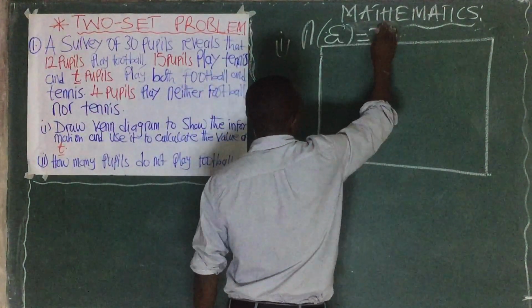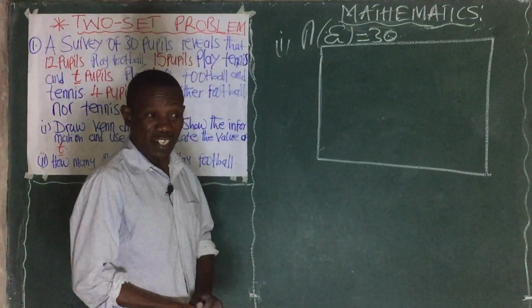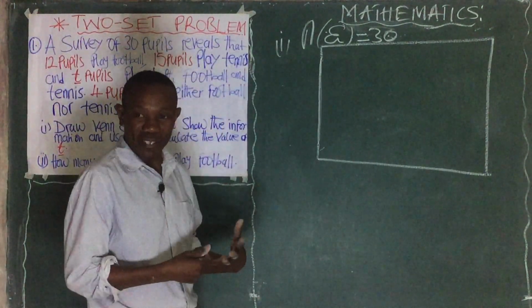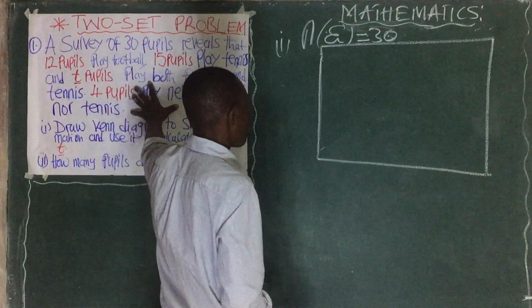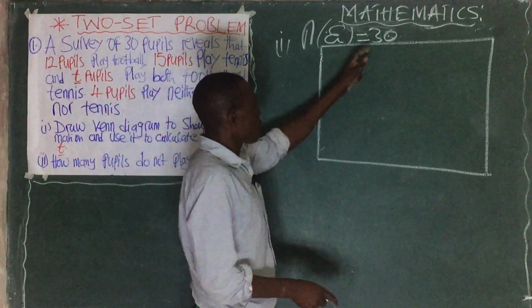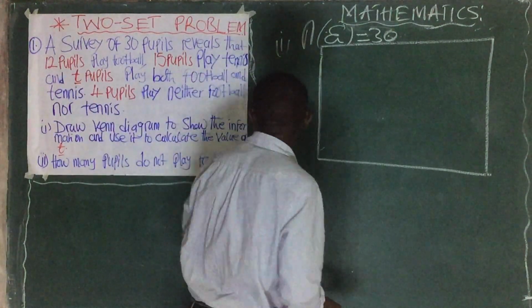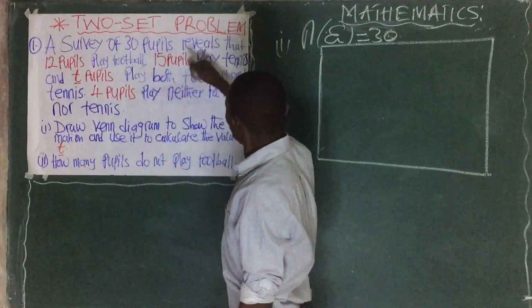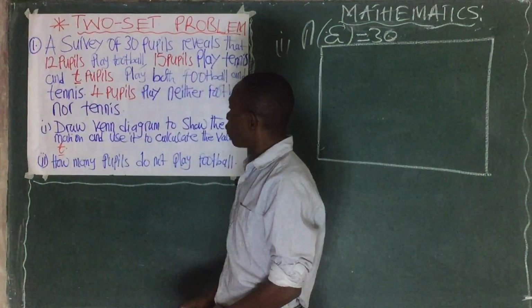So we write it this way to say we have got 30 members. Now out of the 30, we'll be able to see some subsets, which are defined as those who belong to the category of tennis and those who belong to the category of football.